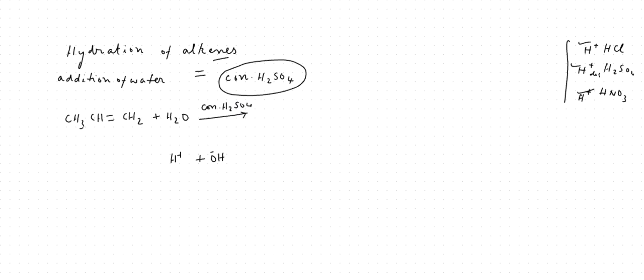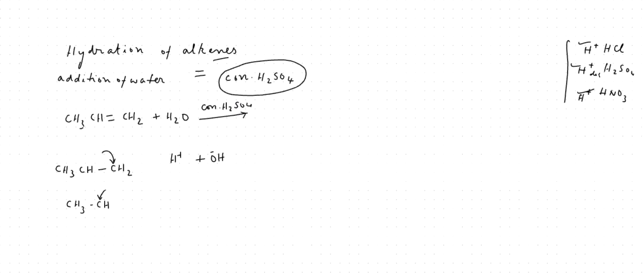This double bond, see, each bond is carrying 2 electrons. So this double bond can become, watch closely, one bond can break and the 2 electrons may be shifted to this carbon, or the 2 electrons can be shifted to the carbon on the other side.